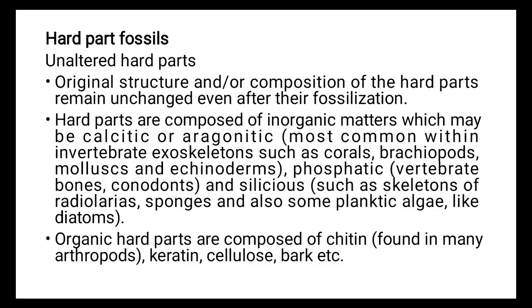These hard parts are composed of calcitic or aragonitic mineral matter, such as the exoskeletons of corals, brachiopods, mollusks and echinoderms; phosphatic ones like vertebrate bones and conodonts; and siliceous ones such as radiolaria, sponges, some algae, and diatoms. Organic hard parts are composed of chitin, found in many arthropods, keratin, cellulose, and bark.